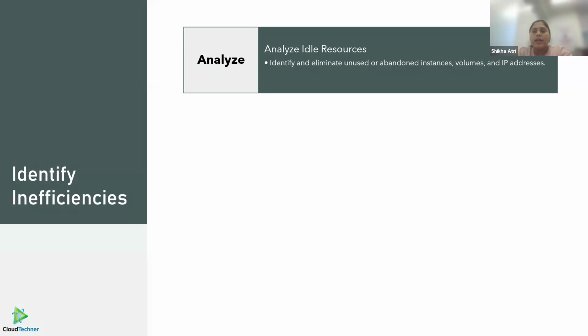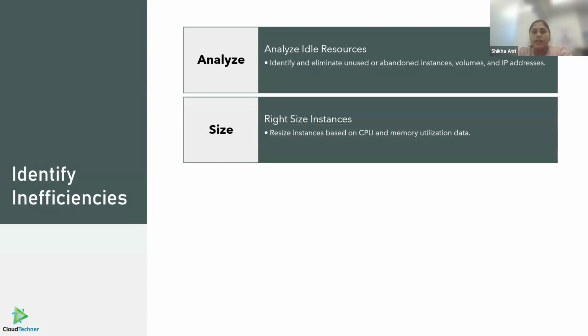Addressing these can immediately reduce unnecessary expenses. Next, we need to resize compute instances based on actual utilization data such as CPU and memory usage. This ensures we are not over provisioning resources, which wastes money, or under provisioning, which impacts performance.